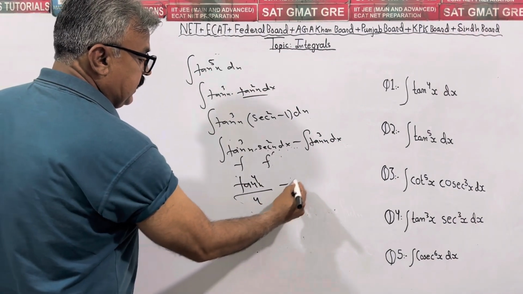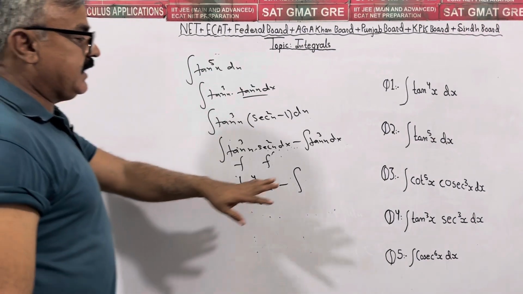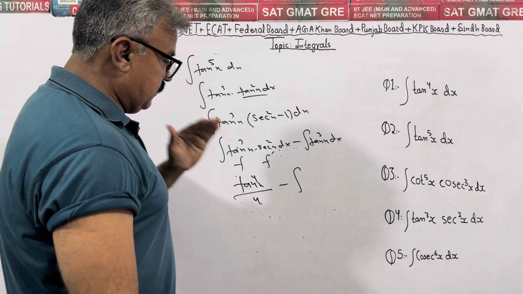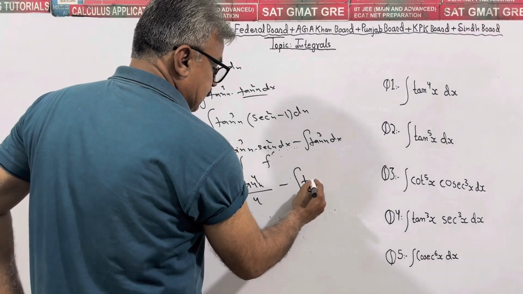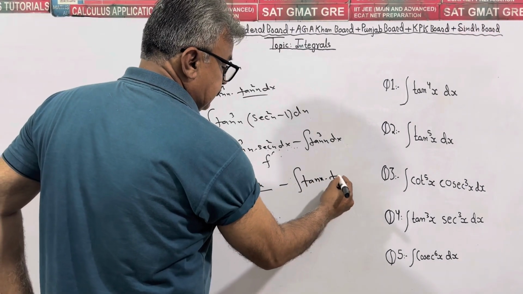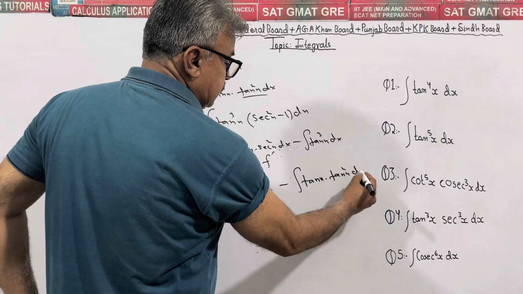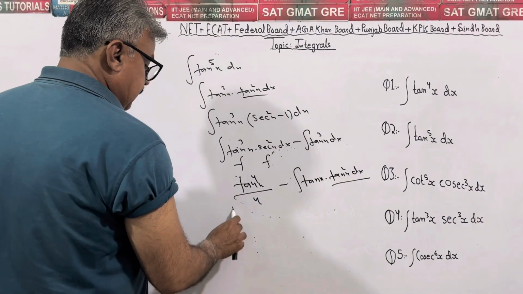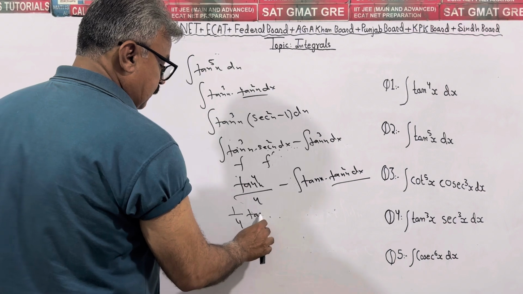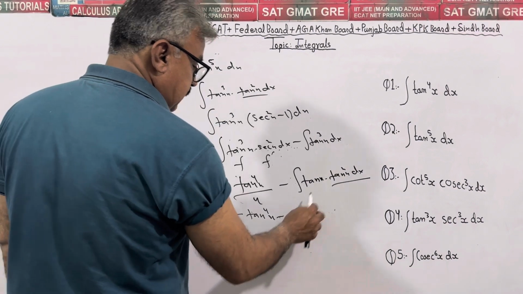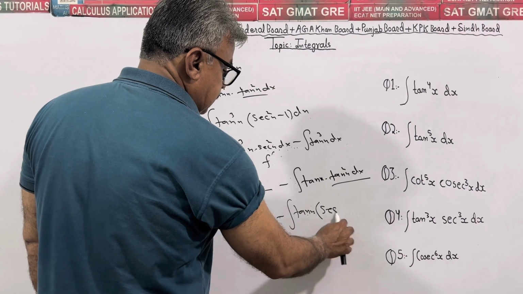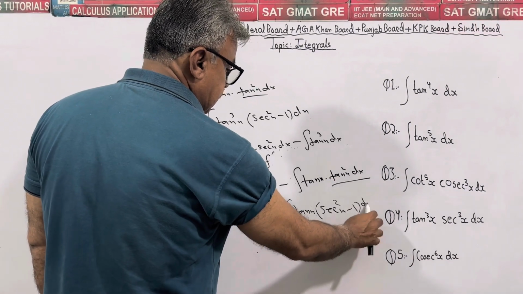Divide with the same. Here, same trickery, tan cube can be written as tan into tan square. Instead of tan square, utilize the same formula: tan x times sec square x minus 1. Again, tan square is equal to sec square minus 1. It can be written as 1 over 4 tan raised 4x dx. Now integration of tan x times sec square x minus 1 dx.